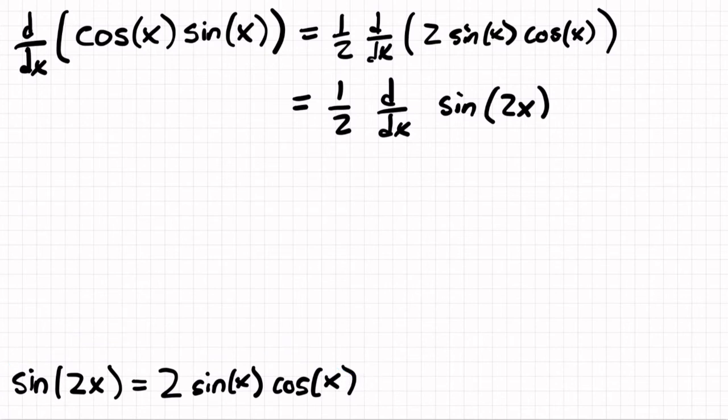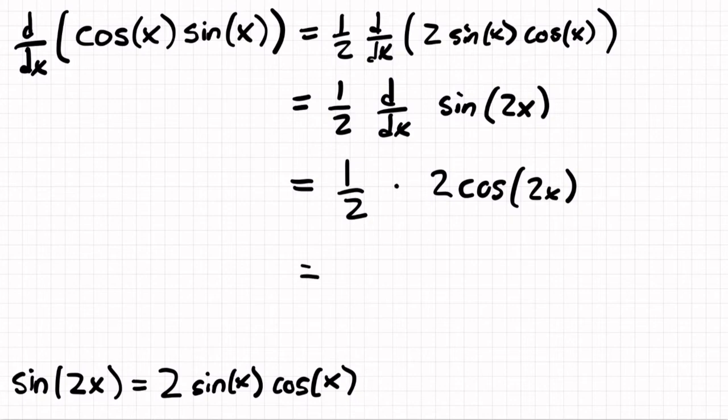We can use the chain rule now, and at the end, the derivative of the outside is cosine evaluated at the inside, and then the derivative of the inside is just 2, and then what we'll have here is 1/2 times 2 cosine 2x, and we're going to be left with cosine of 2x.